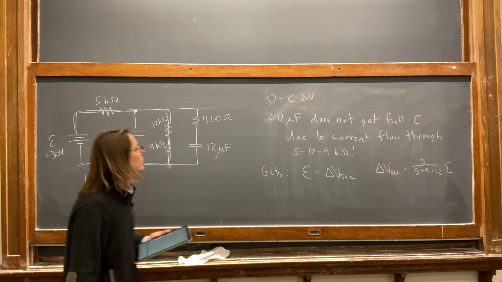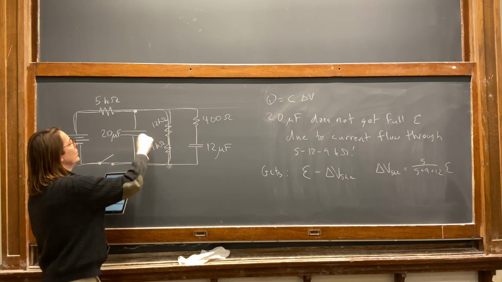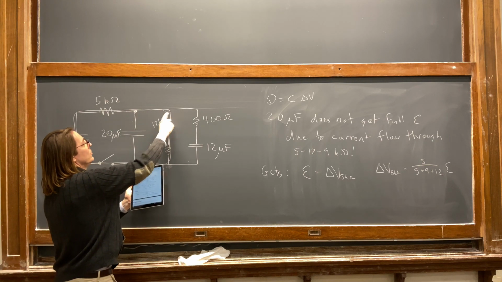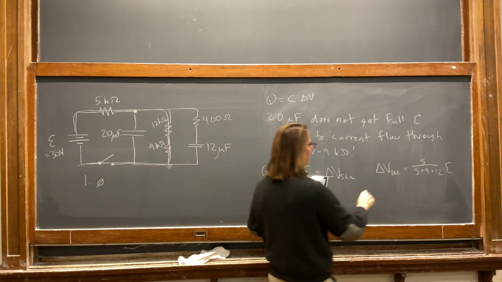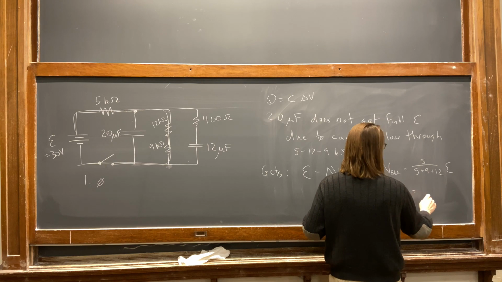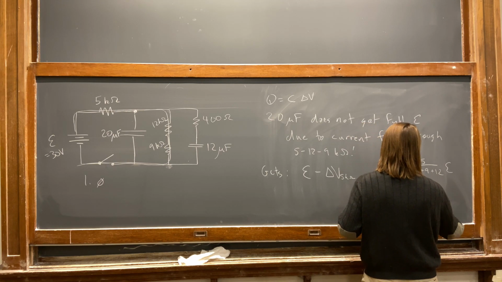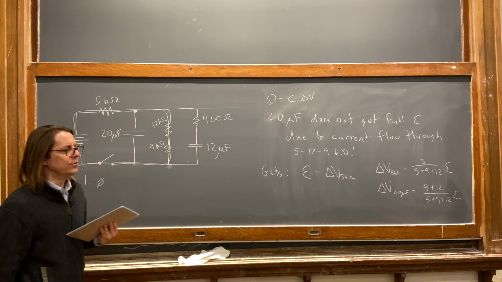That's another way to get that voltage drop. Or you could look at this and say the voltage drop across the capacitor is equal to these two. So the real voltage divider I want to do is delta V across the 20. I'm just giving you multiple strategies here. I'm not saying you should go through every one of these. 9 plus 12 over 5 plus 9 plus 12 times the EMF. So many ways you could do this problem.